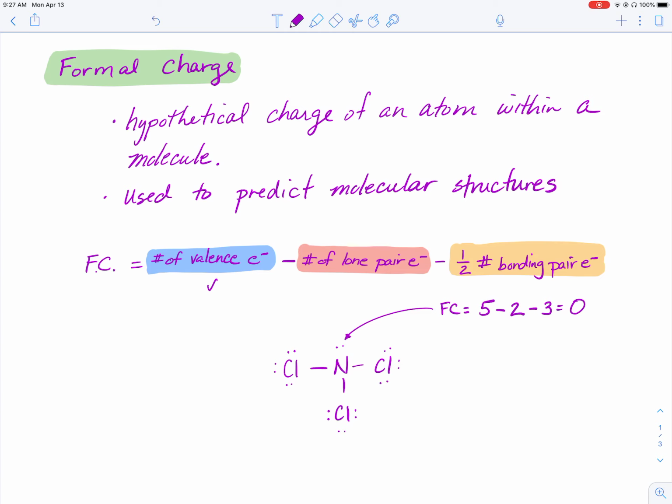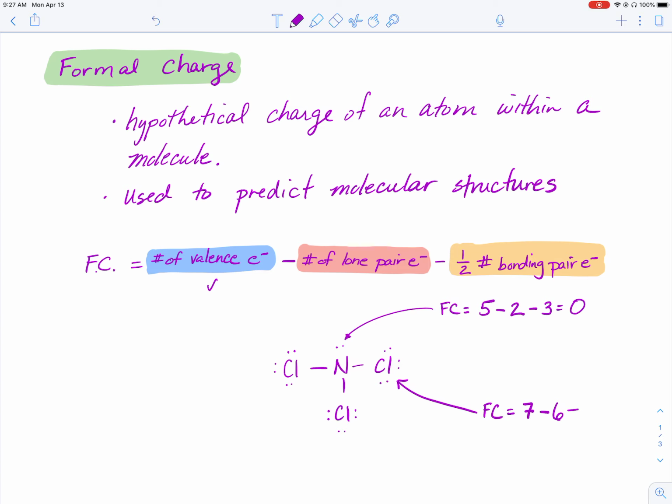Now, if I were to do that for the atom chlorine, right here, the one on the right-hand side, I would go about that process the same way. The formal charge is calculated as the number of valence electrons being 7. I'm going to subtract the number of lone pair electrons, and there's a total of 2, 4, 6 lone pair electrons.